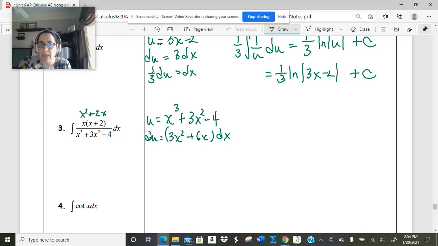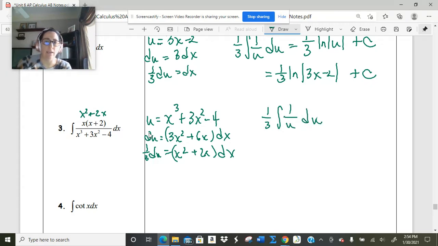Well, if I take out a 3, I actually get just that. So I can rewrite this as the 1/3, 1 over u, du. Can you believe that? Just through a u sub, I can get now this antiderivative and go back and plug in what the u was.